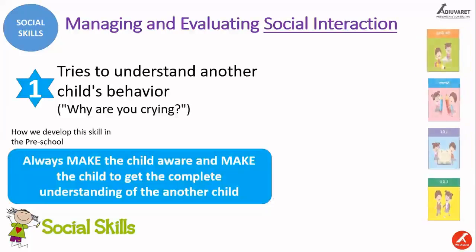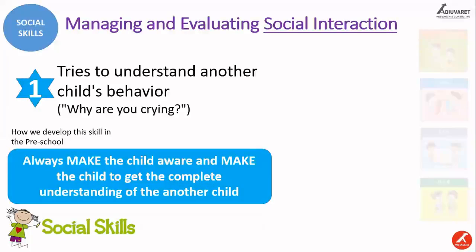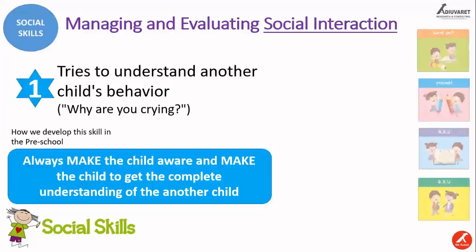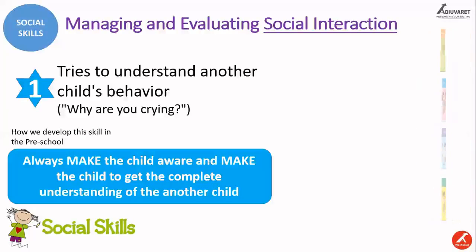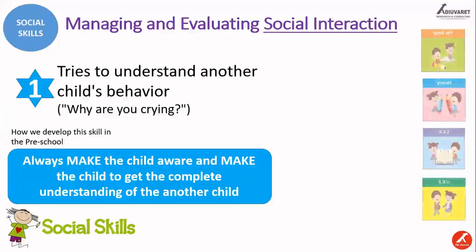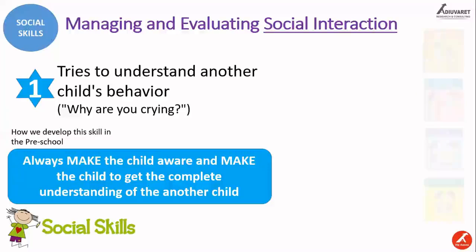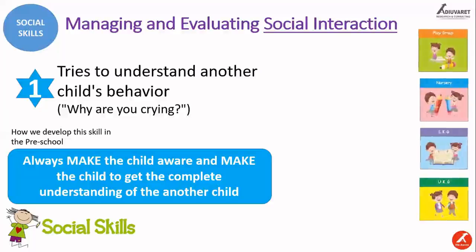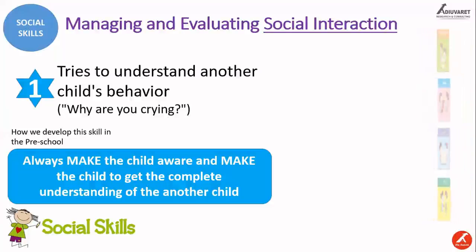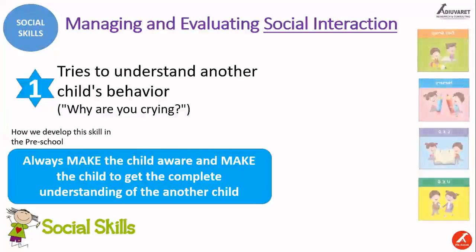Now, what we need to do in the preschool setup or at home is always make our child aware and help the child get a complete understanding of another child. If another child is crying, if another child is angry, if another child is focusing too much on the book, if another child is fighting for a game which requires turns, those things are a learned skill.